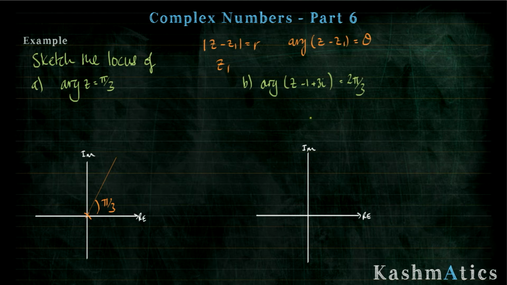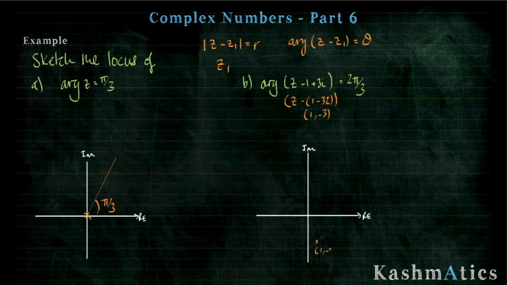Now in this second example, I need to work out where I'm measuring the argument from, because I haven't just got z, I've got z take away some other complex number. So if I think of this as z take away 1 take away 3i, if I was to expand the brackets, what I'd get is minus 1 plus 3i, and that means z1 is measured from this point here. So let's just plot that. So 1 minus 3, that's down here somewhere.